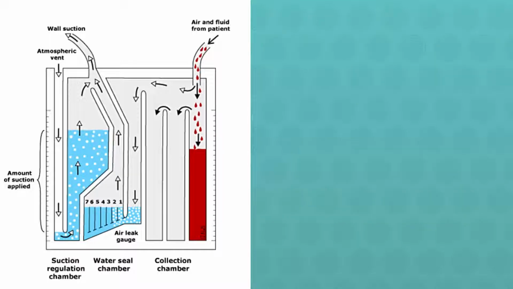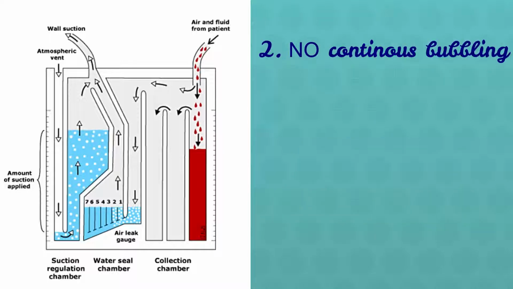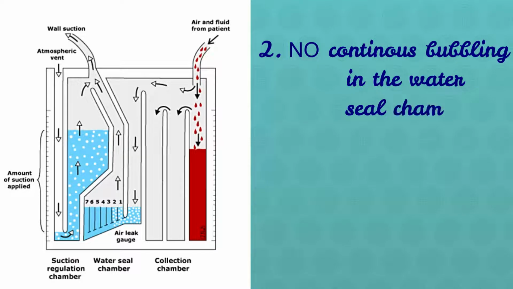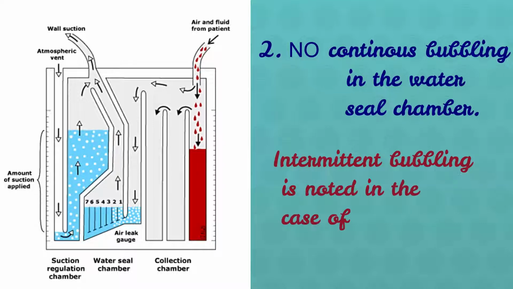Then, no continuous bubbling in the water seal. Intermittent bubbling is okay. This intermittent bubbling also happens if it's pneumothorax, because the air trapped in the lung can escape in between. So intermittent bubbling may happen, but no continuous bubbling.